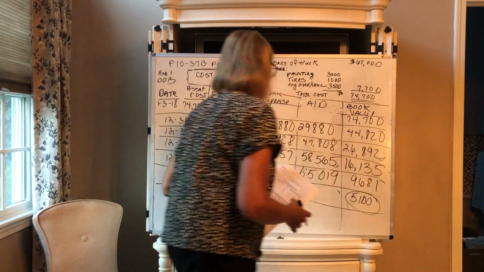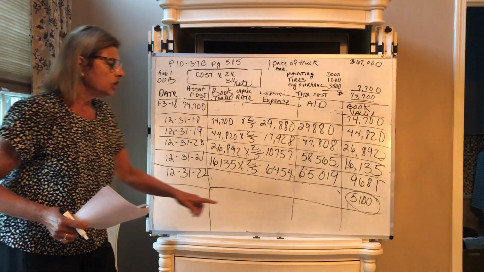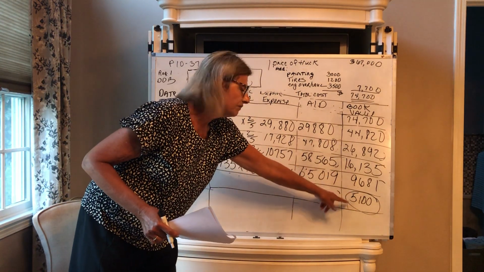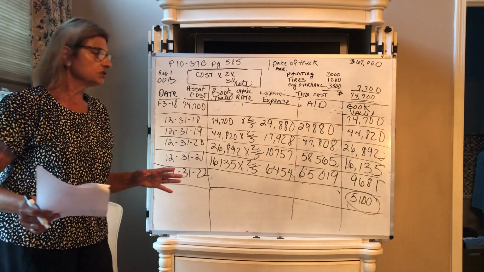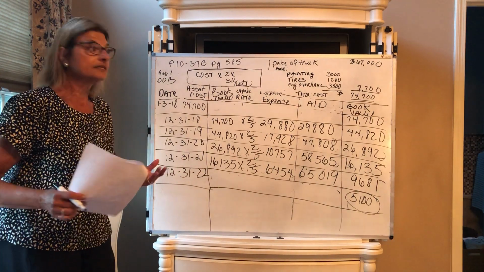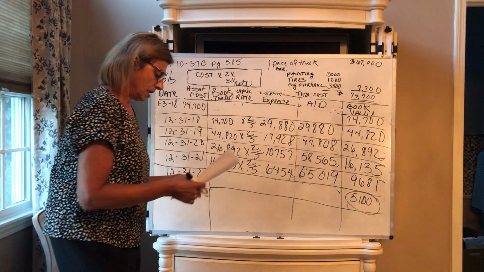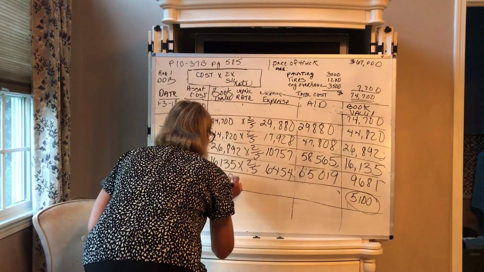Okay. So when you're doing double declining, the final year is usually just a plug figure. You know you can't go past this 5,100. So you just have to subtract. That's all you can take for depreciation. Even though multiplying might give you more or less, it doesn't matter. You plug it in. So we're going to use our plug figure, 9,681.